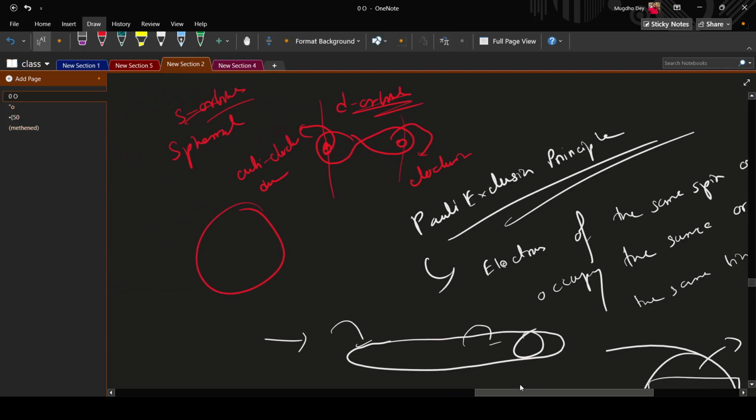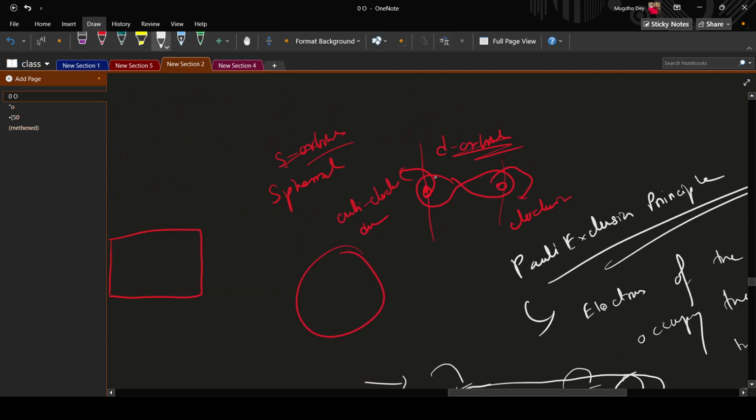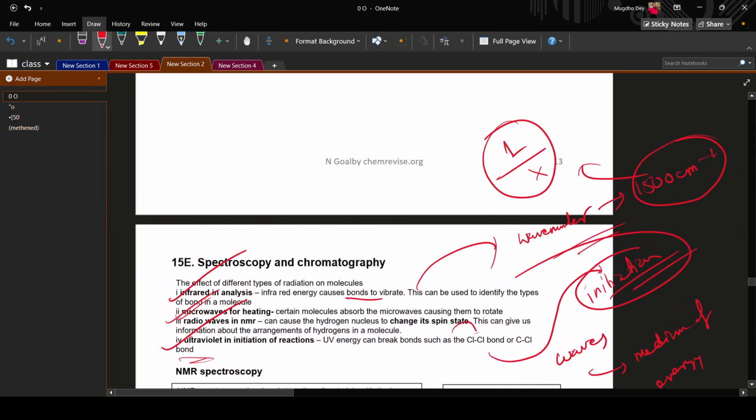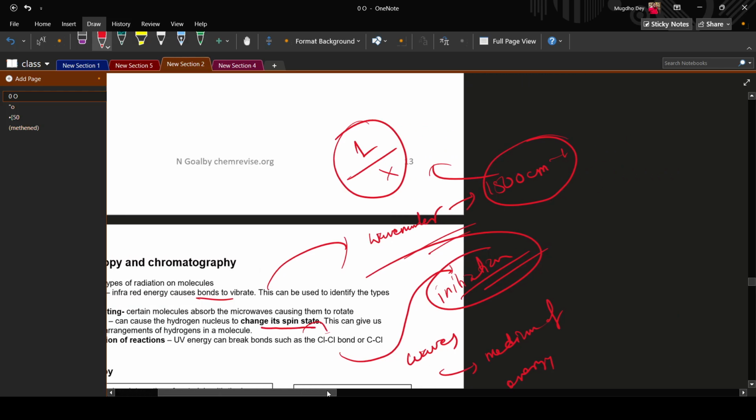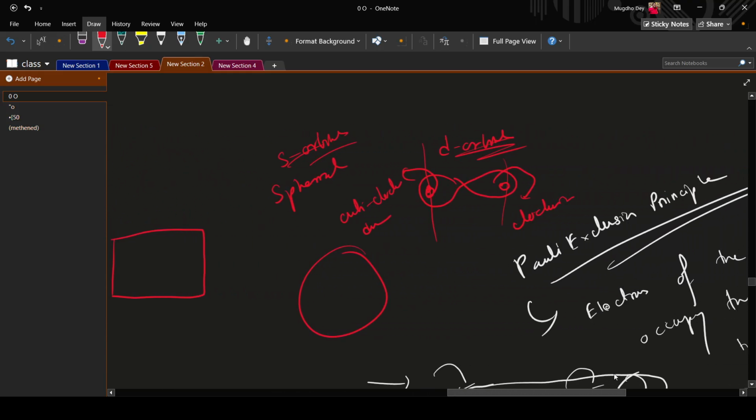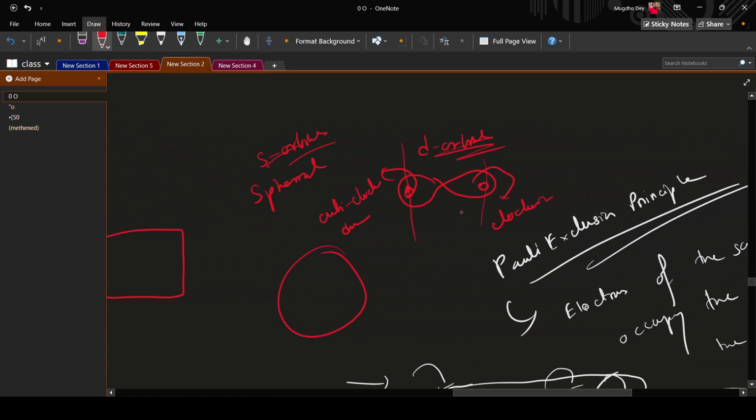So that's what I'm trying to say here: when two electrons are present in an orbital, they tend to spin in opposite directions. One goes anti-clockwise and one goes clockwise. Now the unique thing about radio waves is that they have the capability to change the spin state. They provide the necessary energy to change the spinning direction of an electron.